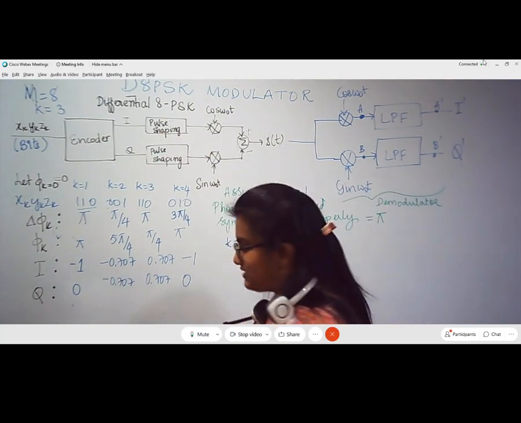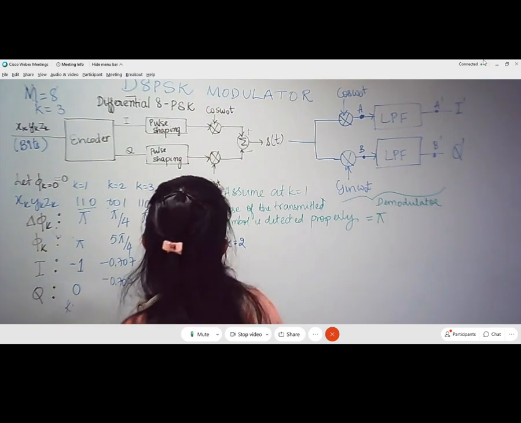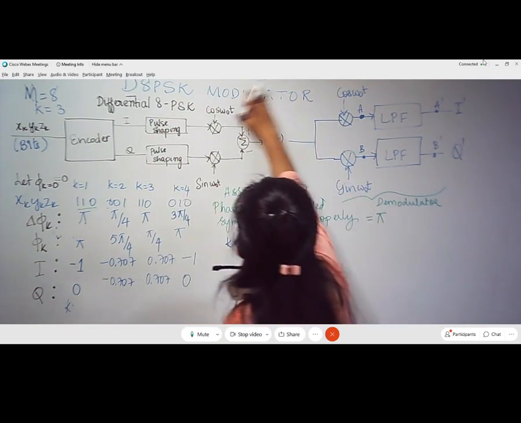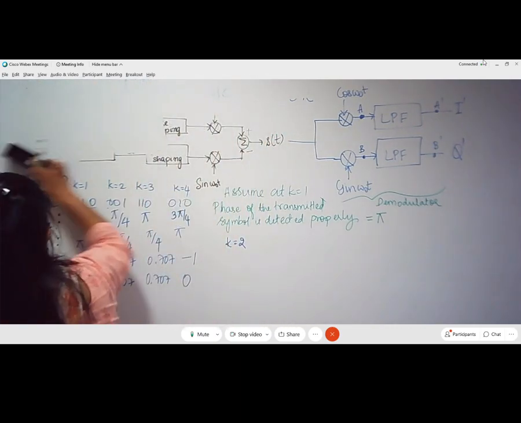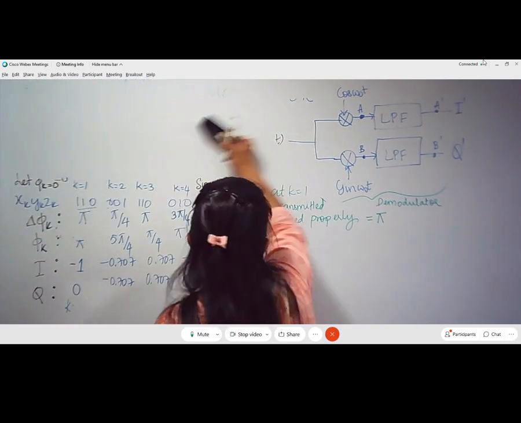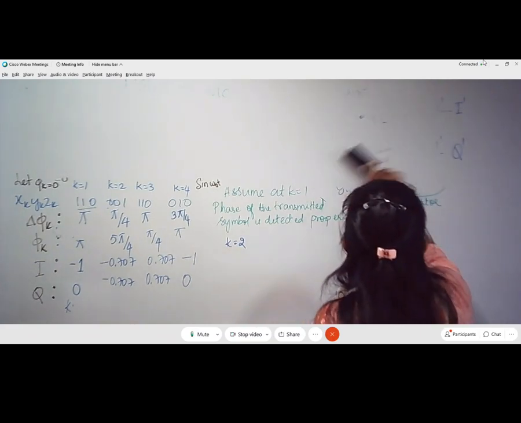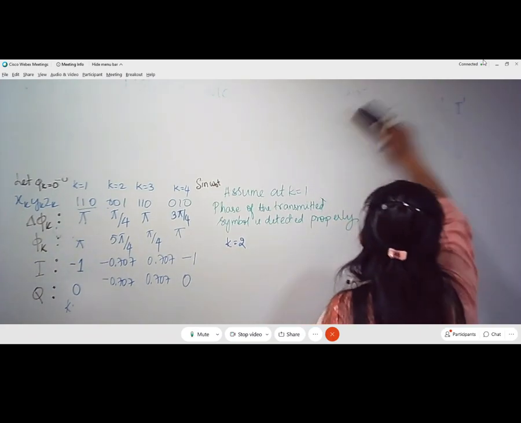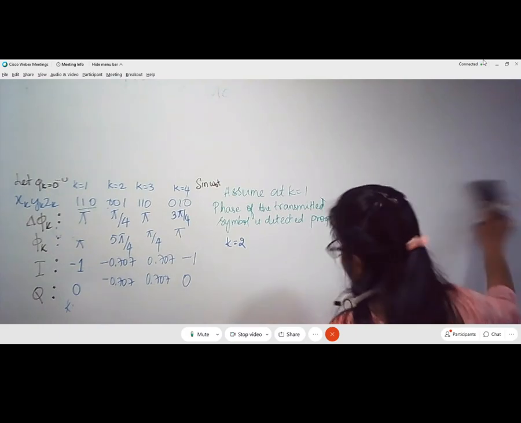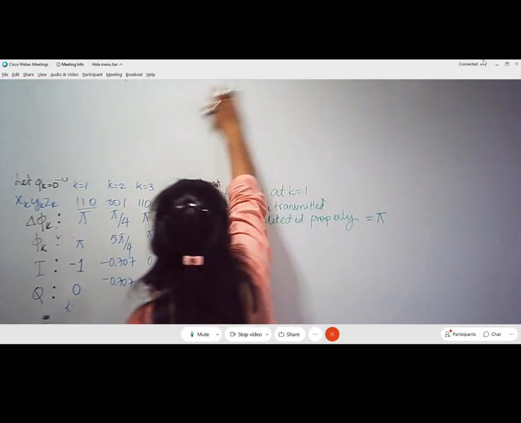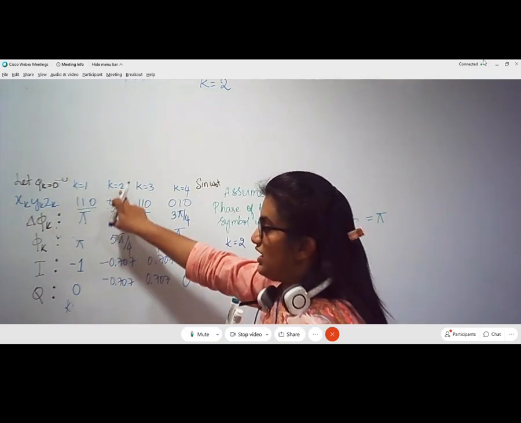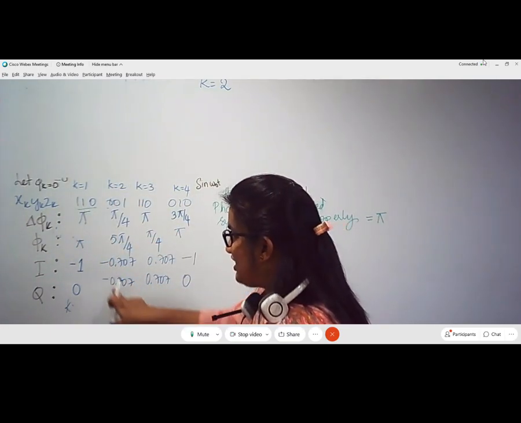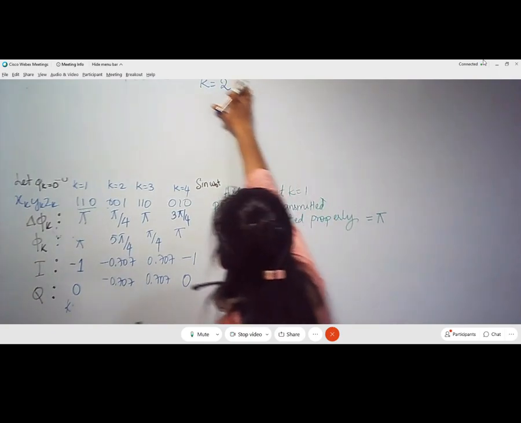On the transmitter side, when I take k is equal to 2, I'll erase this diagram. I'll write the transmitter equation first, then I'll come to the receiver. At k is equal to 2, I already have I and Q values. I'm going to use this.